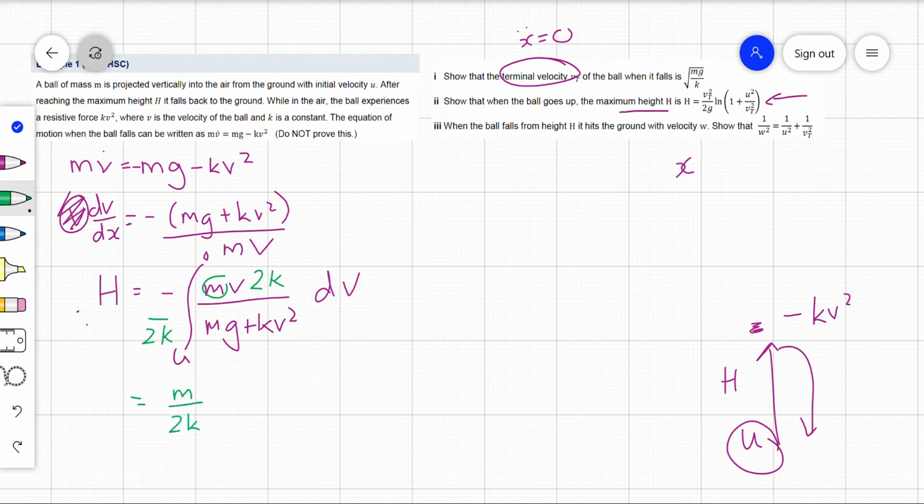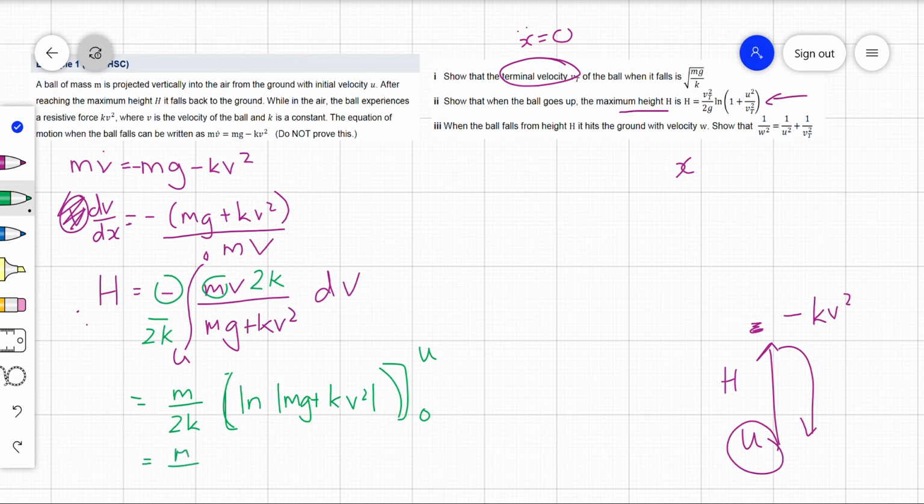That minus, I'm actually going to flip the limits. So now I've got a log of mg plus kv squared. It's all going to be positive anyway, so we don't really have to worry about that. And I'm going from 0 to u. So I flipped that so I didn't have to use that minus there.